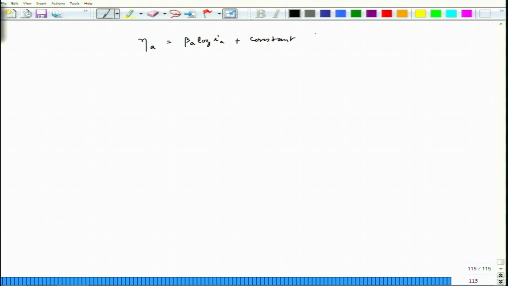it means that this is potential and this is, that means thermodynamic quantity, and this part is nothing but current density.